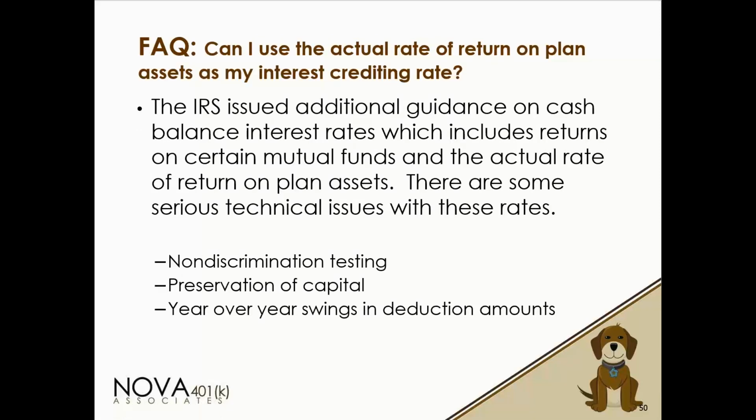The IRS issued additional guidance on cash balance plan interest rates, which includes returns on certain mutual funds and the actual rate of return on plan assets. There are some serious technical issues with these. You can really work against a plan sponsor. You can set up a plan with a $250,000 deduction, and you could possibly not have that deduction available the next year if the plan earned 20%, because you have to project the benefits using last year's rate of return.